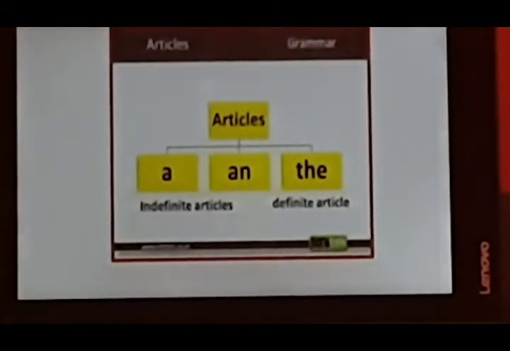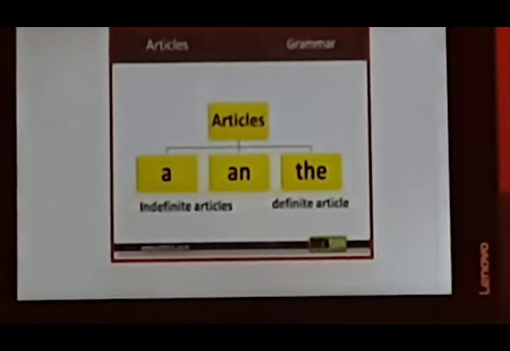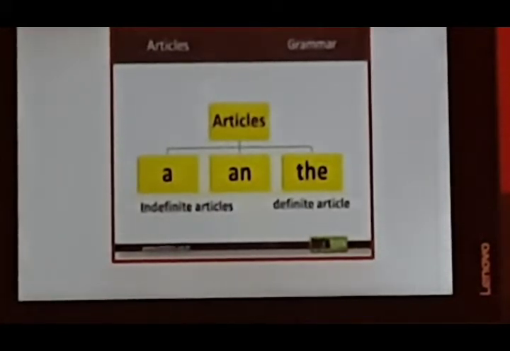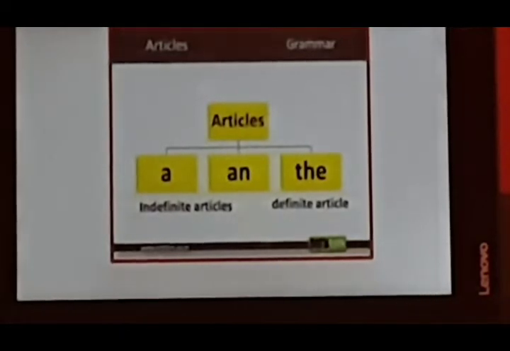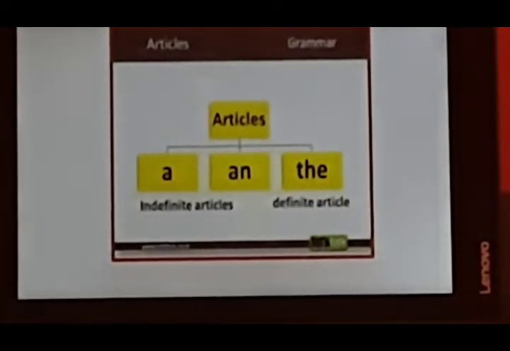Out of these three words, articles, a, an and the, two of them are called indefinite articles and one is a definite article. Why is it like that? Because the words themselves say a lot about it. Indefinite and definite.